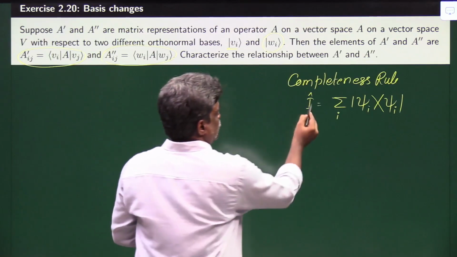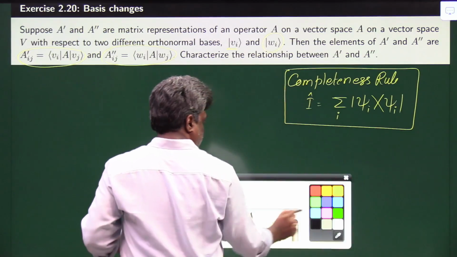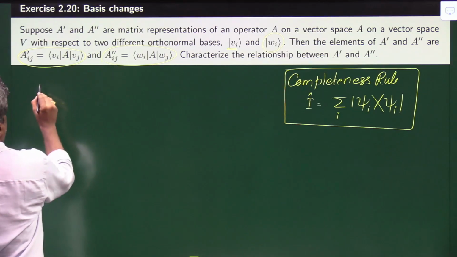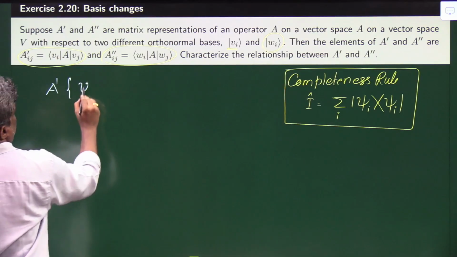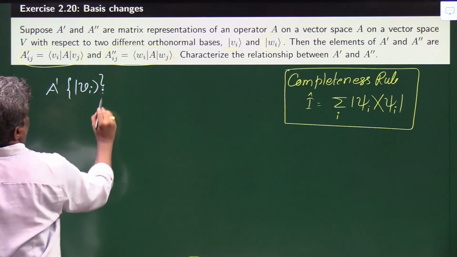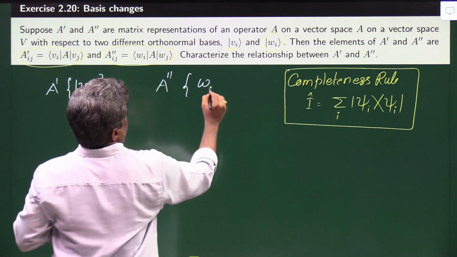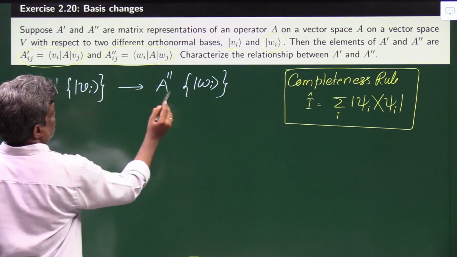So this should be equal to I, identity operator. Okay, now let us start with this. So we have to find the relation between these two. So first I'm taking this A prime in the basis of Vi, and this A double prime is in the basis of W.